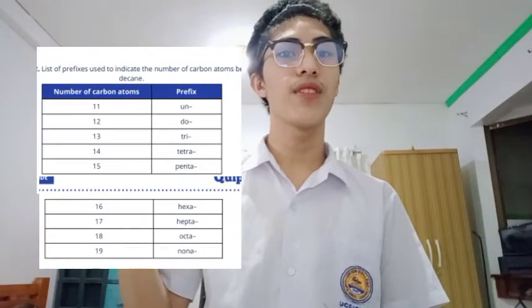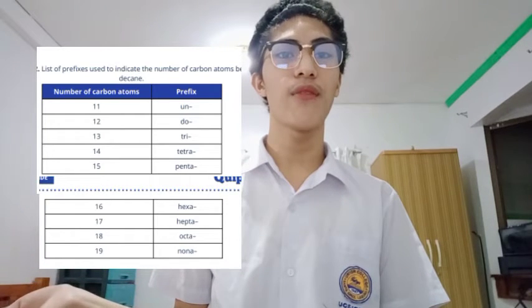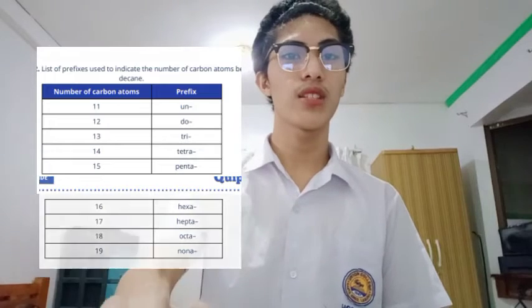These are examples of the number of carbon atoms, which are 11, 12, 13, and so forth. The process is repeated for 20 carbon atoms and 30 carbon atoms, but the base alkane name is changed to eicosane for 20 carbon atoms and triacontane for 30 carbon atoms, respectively.